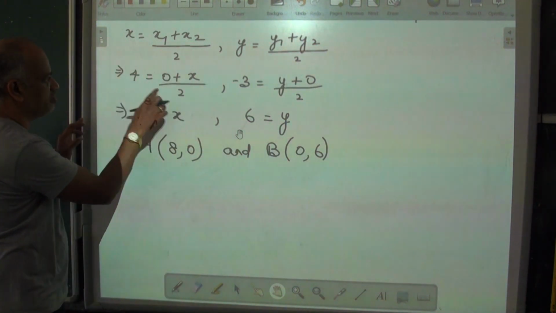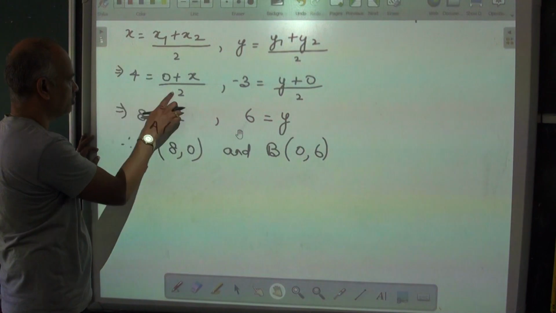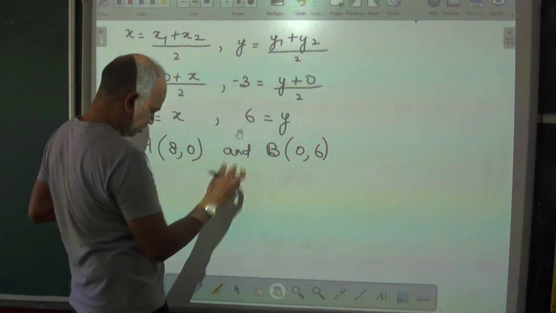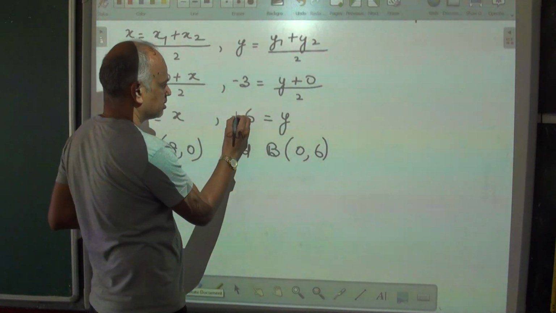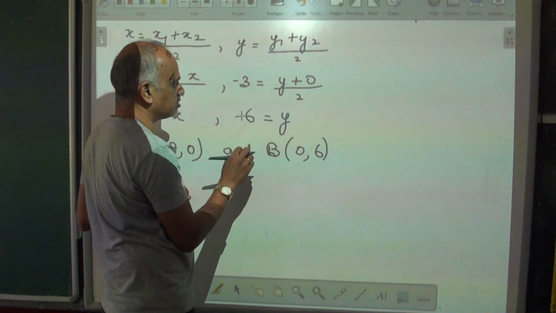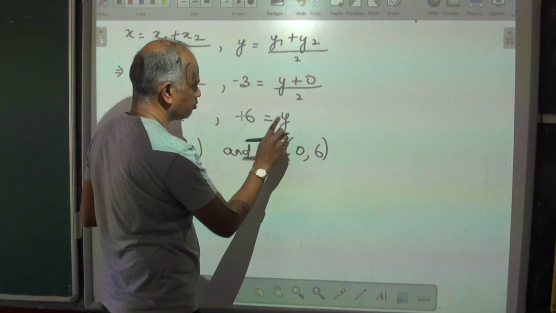So this gives you 8: 4 2s are 8, 0 plus x is x, and this should give you minus 6. 3 into minus 2, sorry, minus 3 into 2, that gives you minus 6, is equal to y plus 0, that's y.